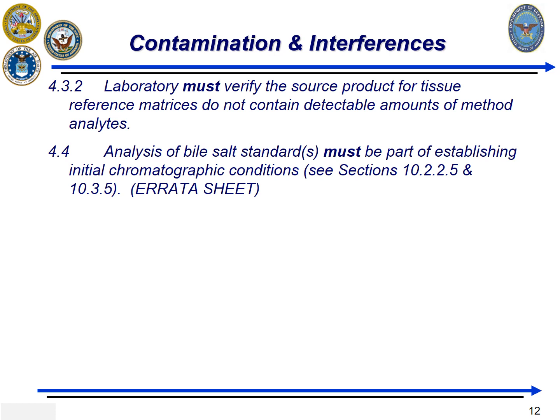The reason for the errata sheet was initially it specified the TDCA standard, but as the errata sheet stated, if you use a different mobile phase other than acetonitrile, there are additional bile salt standards that need to be analyzed. That's why it's been changed. The section's been changed to state bile salt standards instead of TDCA standards.